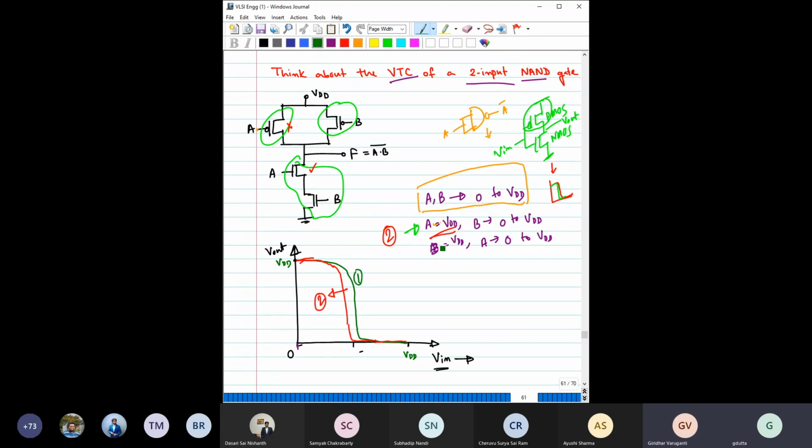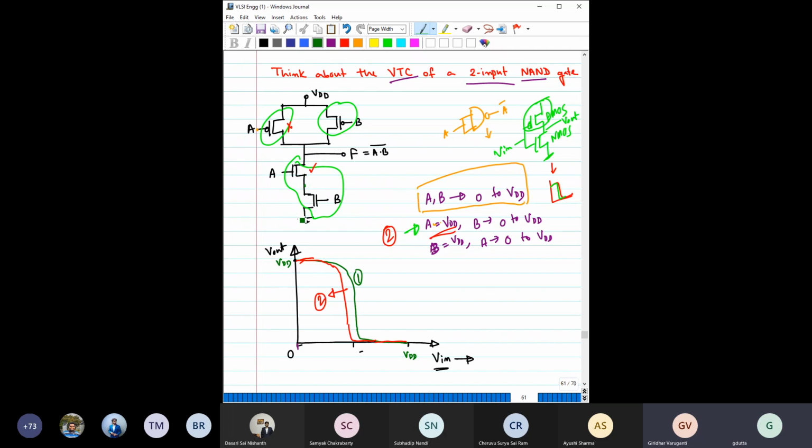Okay, for the third case, you can expect that it should be similar to number 2 only, but it is not actually. There will be slight variation between 2 and 3 because of this body effect. We are not discussing it right now, but remember, this body is connected with the source, right?